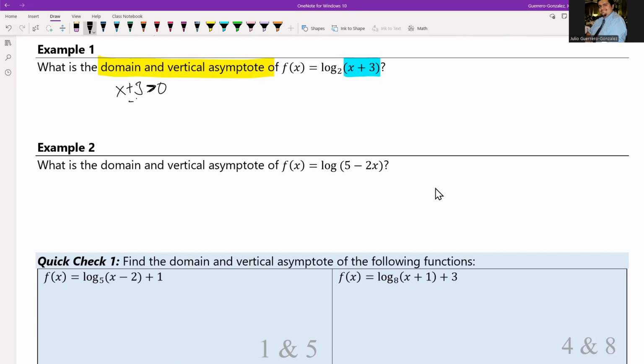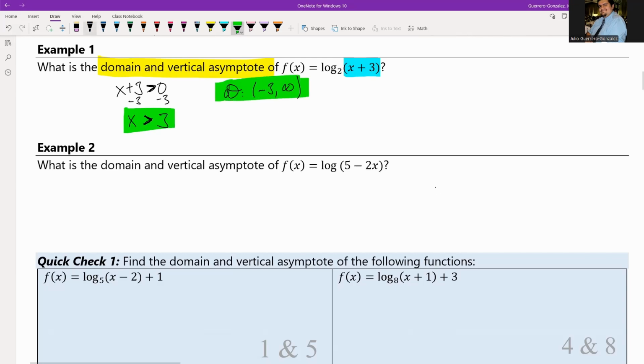So minus 3, x has to be bigger than -3. This automatically gives us our domain: -3 to infinity.